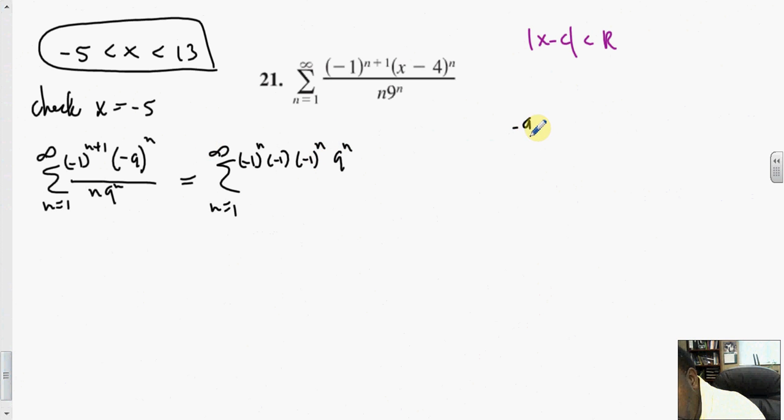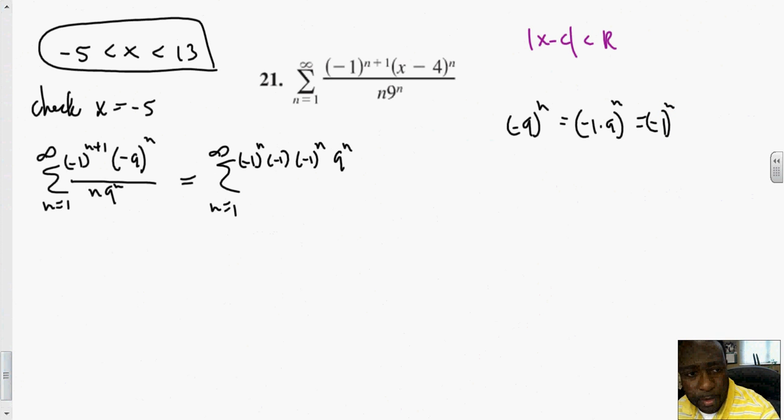Do you understand that negative 9 to the n is the same thing as negative 1 to the nth times 9 to the n? Divided by n times 9 to the nth.